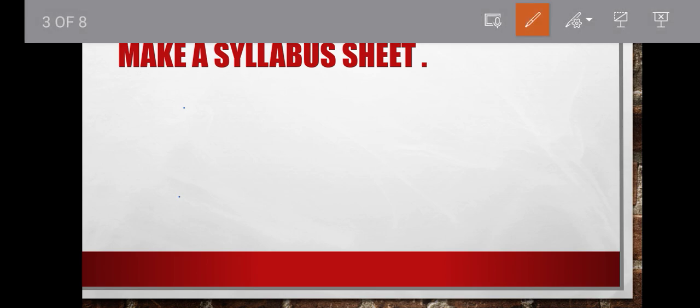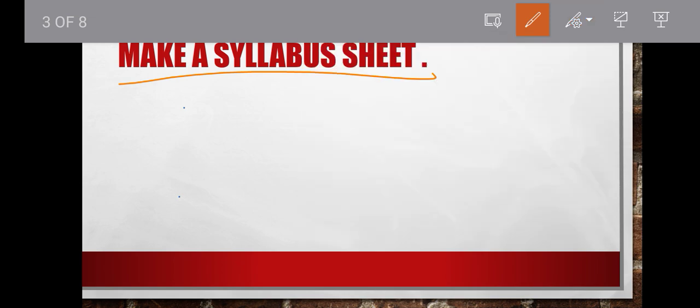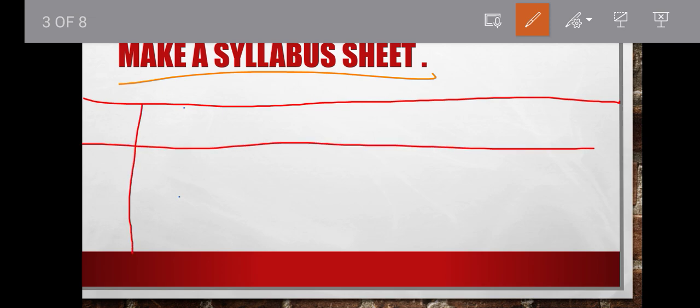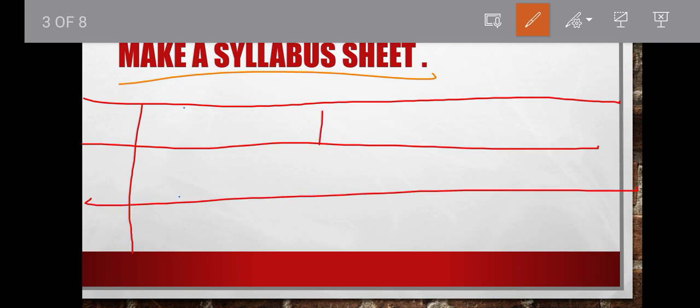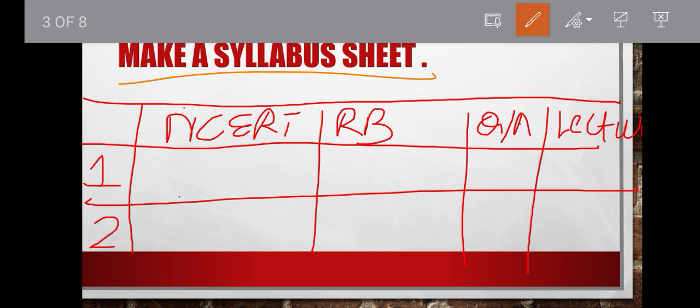Now make a syllabus sheet. You need to do this at the start of the session, but it's okay, you have all 5 to 6 months now also. So make a table like this. First write chapter number 1, 2, NCERT, RB meaning reference book, and question practice, or you may have lectures, like many students attend lectures on YouTube, so you can add this also.